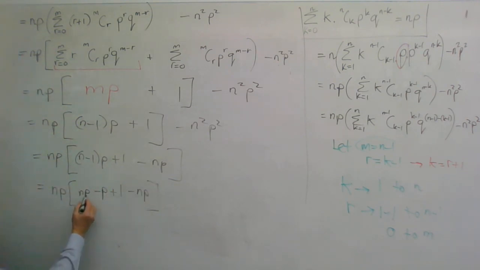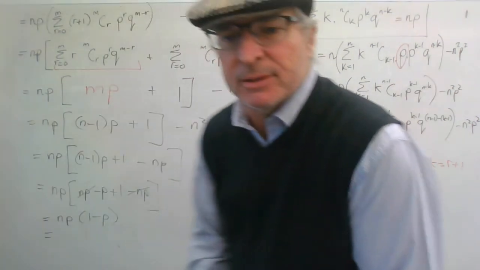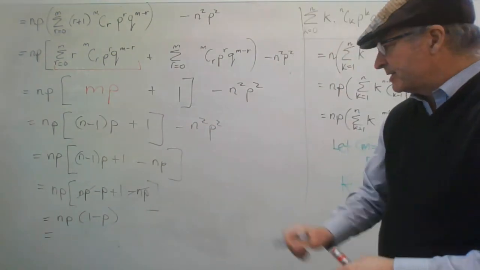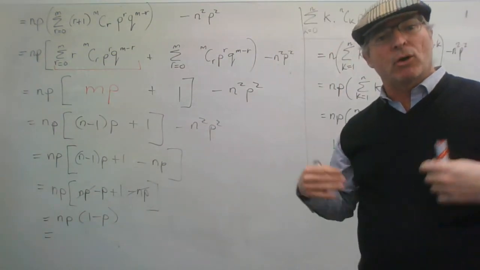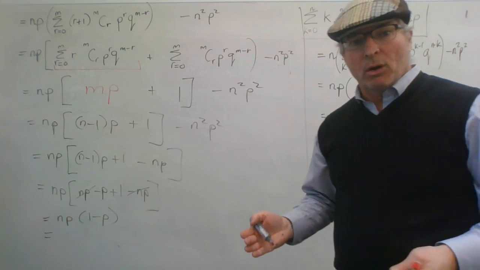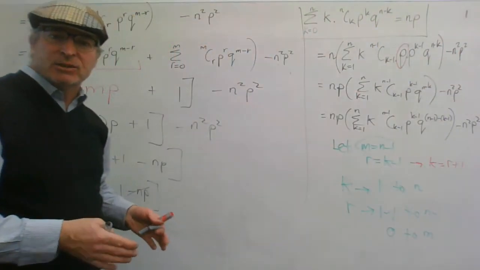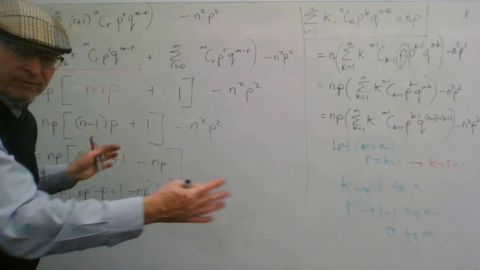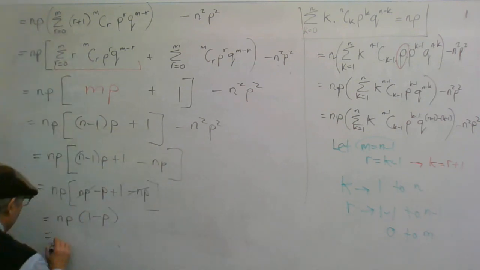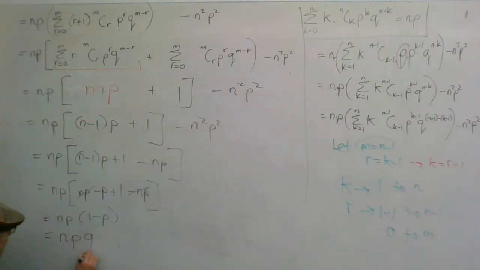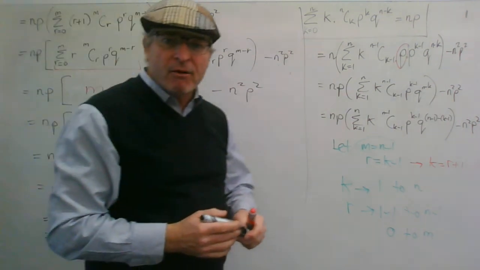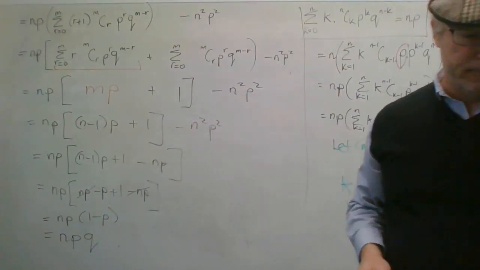All right, so these two np's go, and that's 1 minus p. np, 1 minus p. But we know, and we said this before, 1 minus p, we've been calling that Q all along. P is the probability of success, 1 minus p is the complement of it. So that's equal to NPQ. So the variance of X is NPQ.